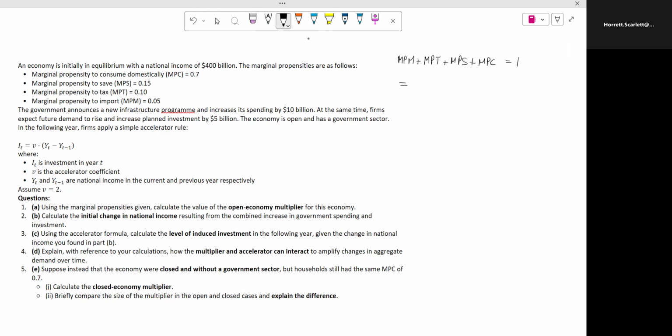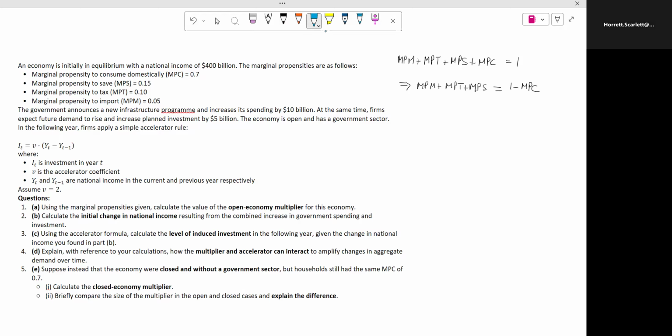This implies that the marginal propensity for imports, the marginal propensity for taxes, plus the marginal propensity for savings is going to be equal to 1 minus the marginal propensity for consumption of domestic products.